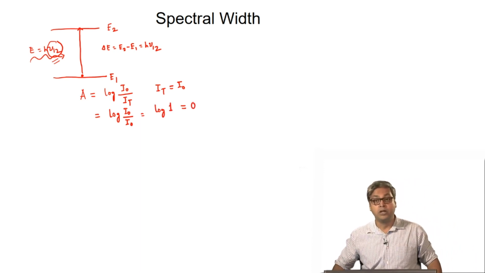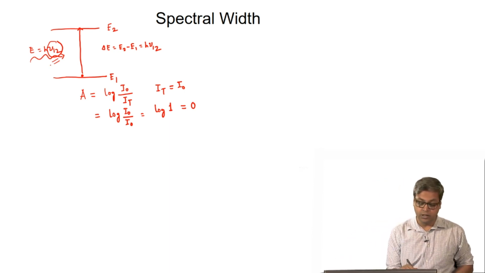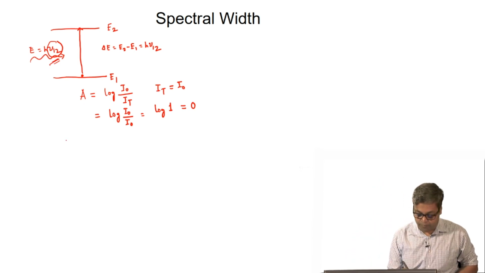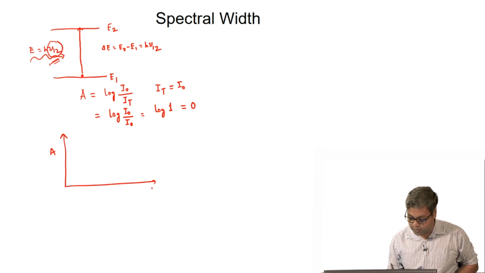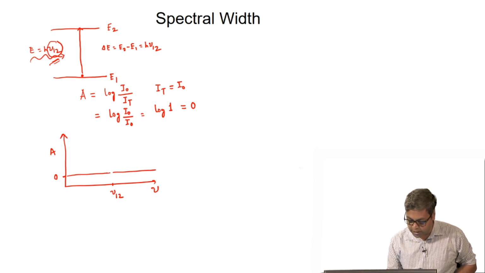The absorbance should only be non-zero at the frequency nu 1 2. This can be represented in a spectrum. Again, we are plotting absorbance versus frequency, and let us say this is my frequency nu 1 2. For all other frequencies the absorbance will be 0, and only at nu 1 2 the absorbance will be non-zero.